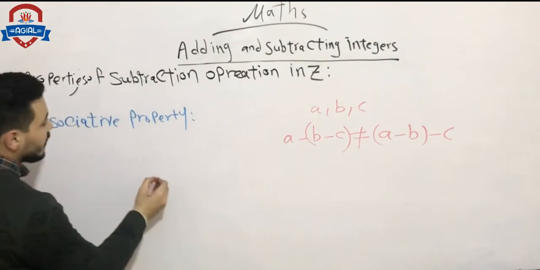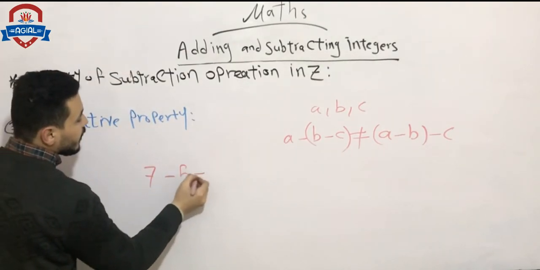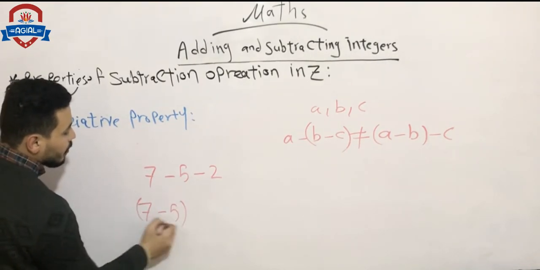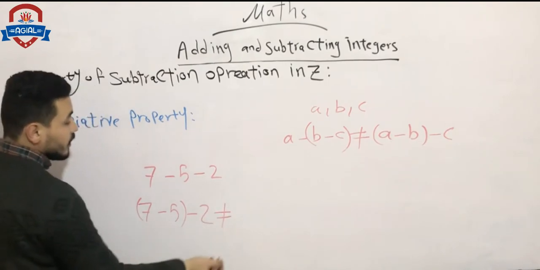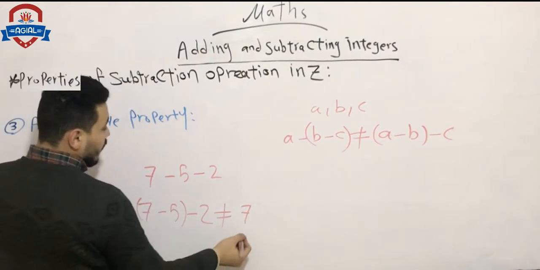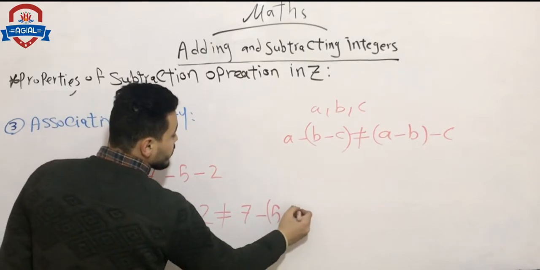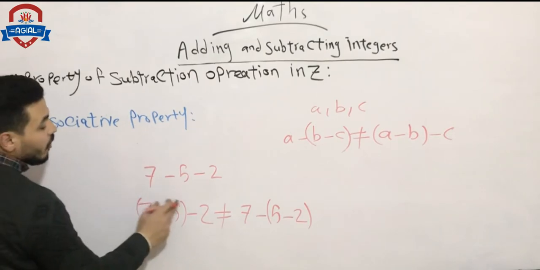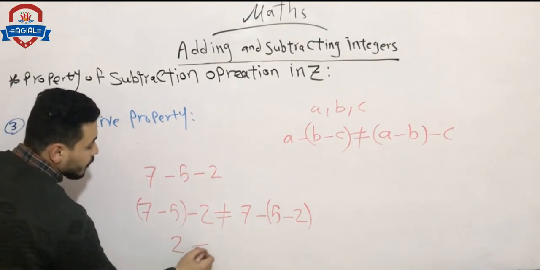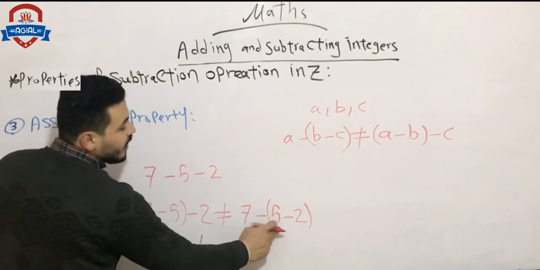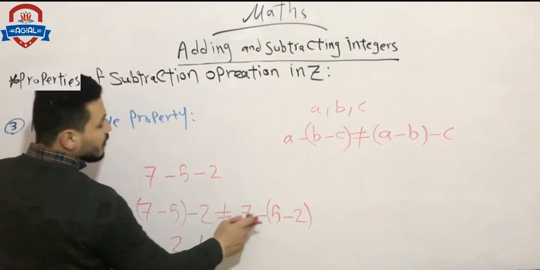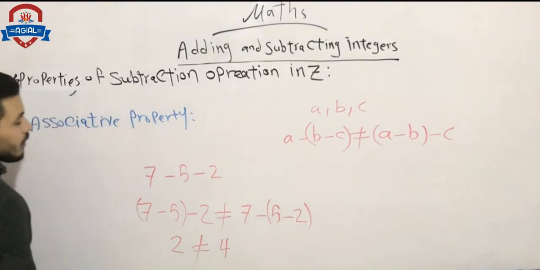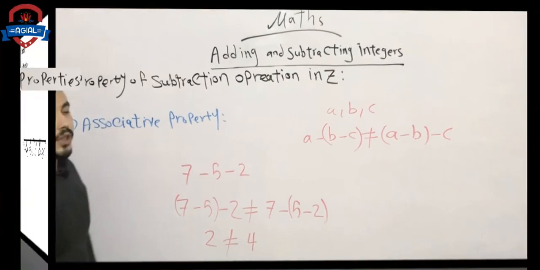If we have 7 minus 5, all minus 2: 7 minus 5 equals 2, 2 minus 2 equals 0. But 7 minus, 5 minus 2, all: 5 minus 2 equals 3, 7 minus 3 equals 4. So the subtraction operation in Z is not associative.